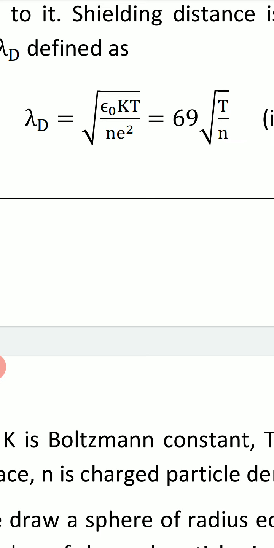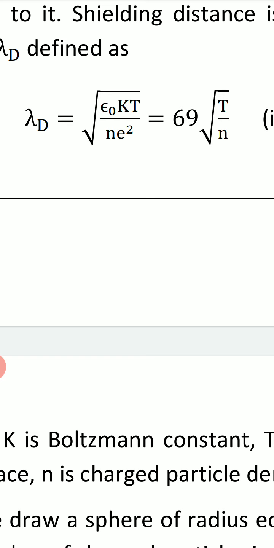Here epsilon 0 is permittivity of free space, k is Boltzmann constant, and e is charge of electron, T is the absolute temperature, and N is the charge density.